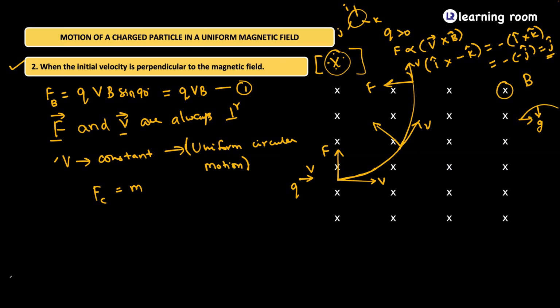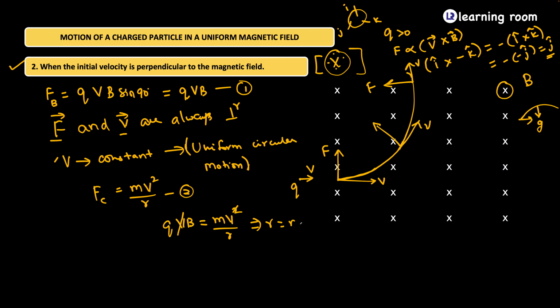So FC is equal to mv square divided by r. Let me take this as equation number 2. So 1 and 2 are supposed to be equal logically. Then can I write QVB is equal to mv square divided by r? V and V will get cancelled. So what is going to be the value of R?